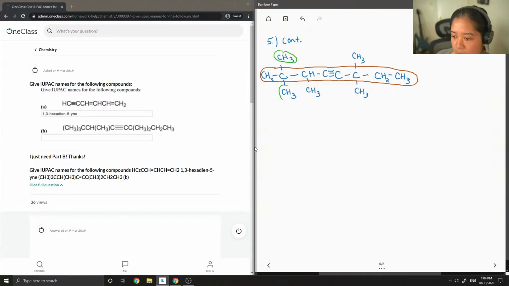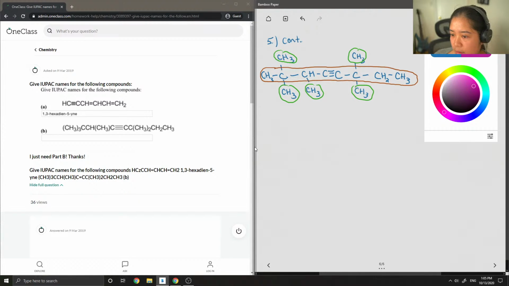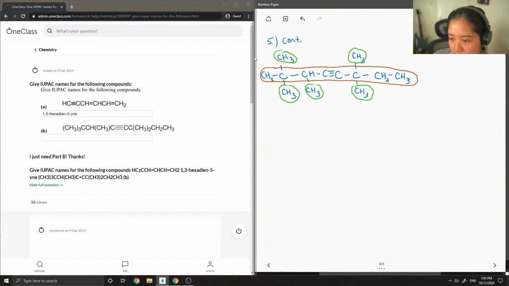We have 2 methyls here, there, there, and there. And now I'm going to number my carbons. So this is 1, 2, 3, 4, 5, 6, 7, 8.